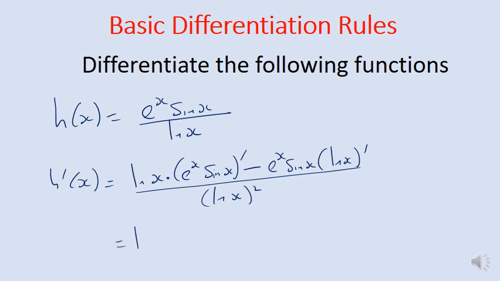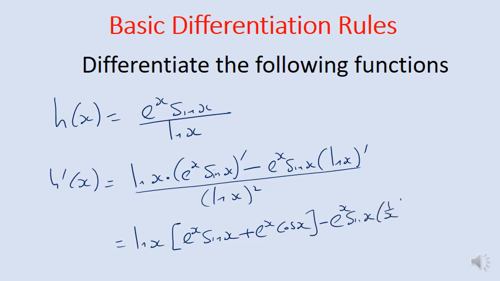So we go ln x, watch the use of brackets. So using the product, I'm going to differentiate e to the x, that's e to the x sine x, plus keep my e to the x constant, and differentiate sine x, and that's going to give me cos x, minus e to the x sine x. And what is d/dx of ln x? It's 1 over x, all divided by ln x all squared.